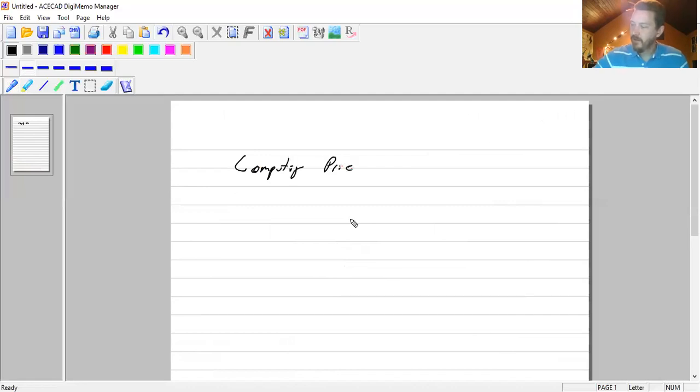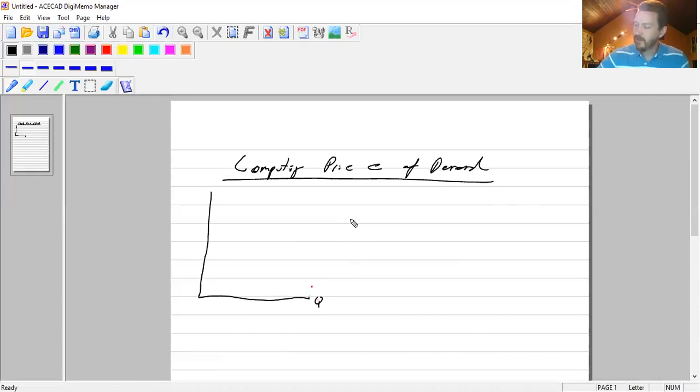Computing the price elasticity of demand. So let's go through the simplest example we can possibly imagine in the universe. Suppose here's our demand curve, and suppose we start off at a price of 8, and at a price of 8, suppose we have a quantity demanded of 110.